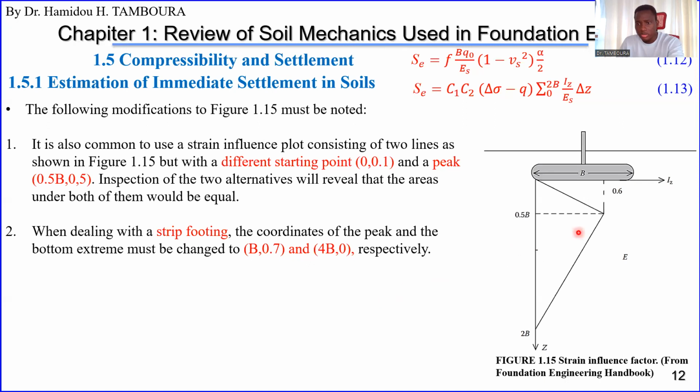For example, the peak, instead of 0.6, sometimes goes to 0.7, and instead of 0.5 B it comes to B. So it will be around B and 0.7, and you will have something like this.